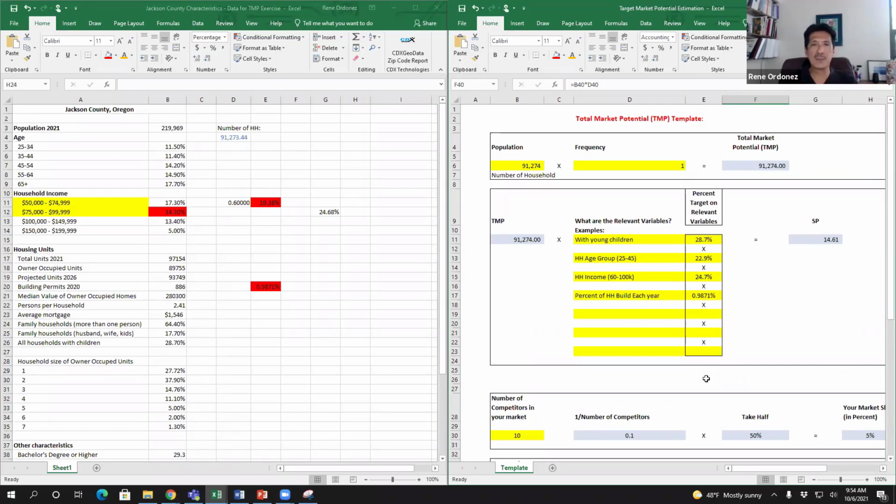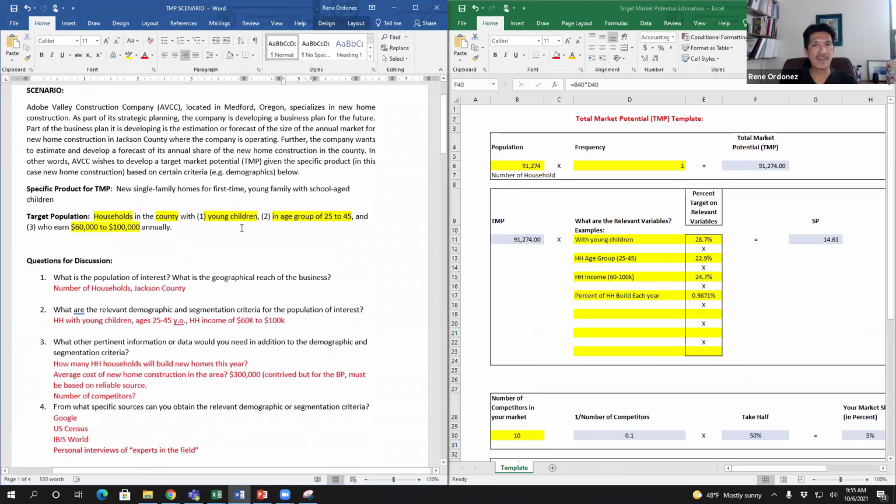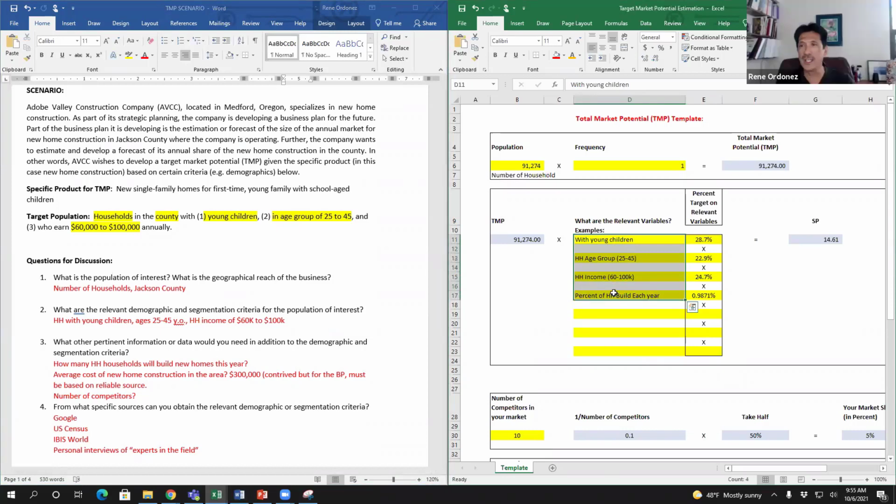How would you revise your plan? Go back to your definition of your target market. As I said earlier, the more criteria you include here, the more it limits your market.